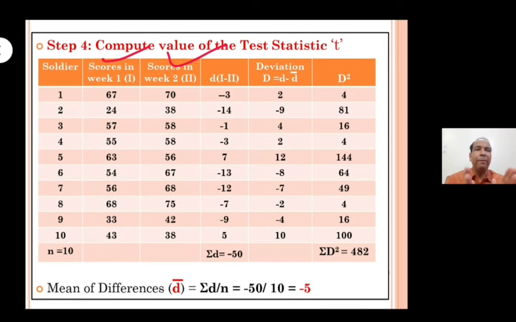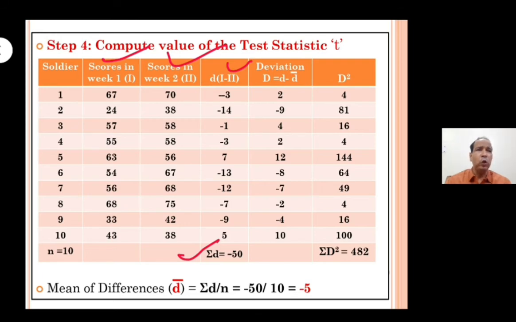We calculate a difference of column 1, that is week 1 score, from column 2, that is week 2 score, which is denoted as small d. That is first column minus second column, which produces these values. Then we calculate summated value of the difference, that is sigma small d, that is equal to minus 50.